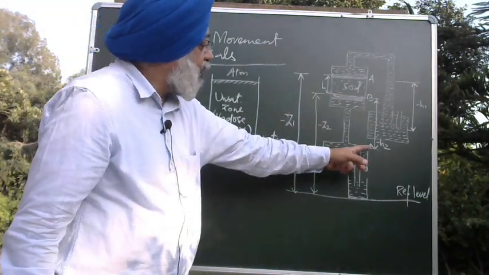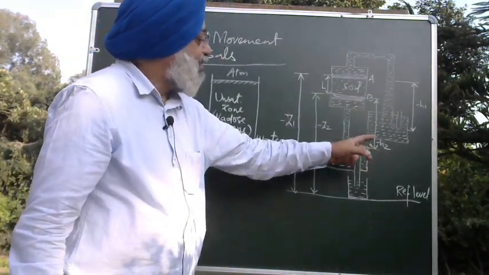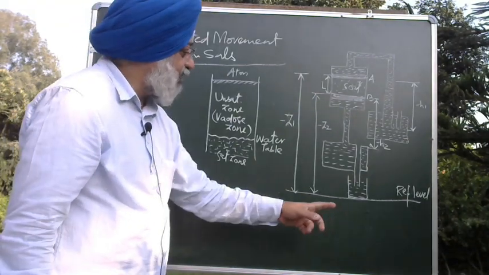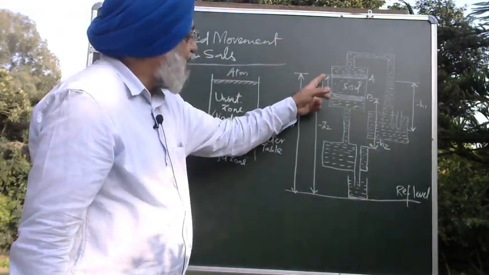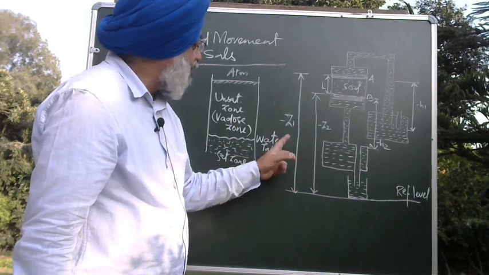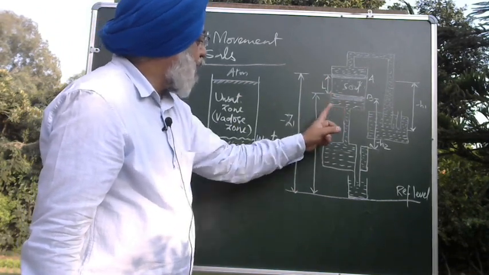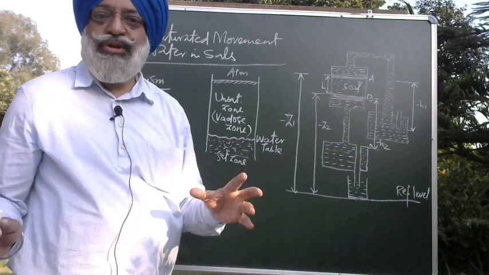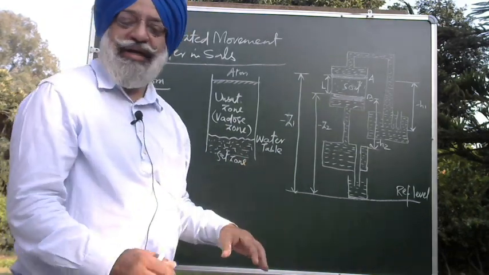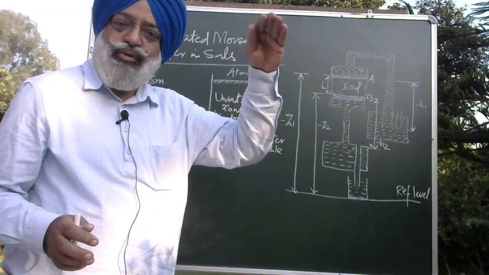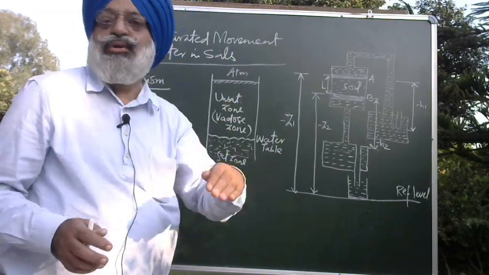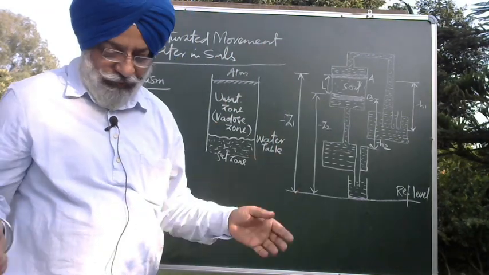From B to this point, this is minus H2, then this is the reference level. So the distance from A to the reference level is Z1, from B to the reference level is Z2. Both the values are positive because you know that the points above the reference level are taken to be positive, at the reference level 0, below the reference level negative.